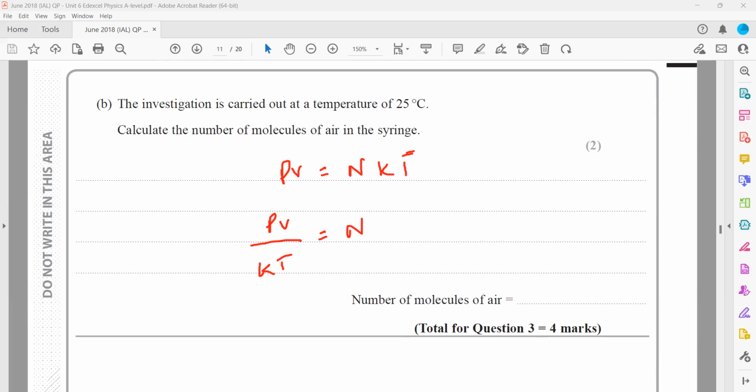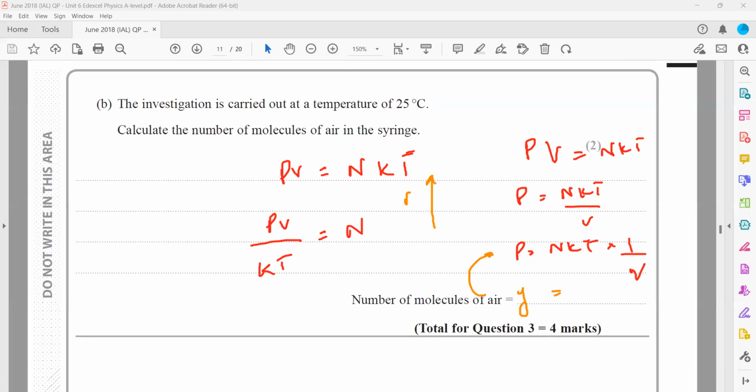You can use any, for example when we work out the gradient, you have this formula PV equals NkT, or I can say P equals NkT divided by V, or I can also say P equals NkT multiplied by 1 over V, because we plotted a graph here. As you can see, on the y-axis we plotted pressure, and on the x-axis we plotted 1 over V.